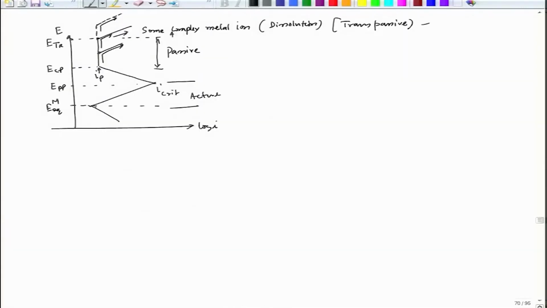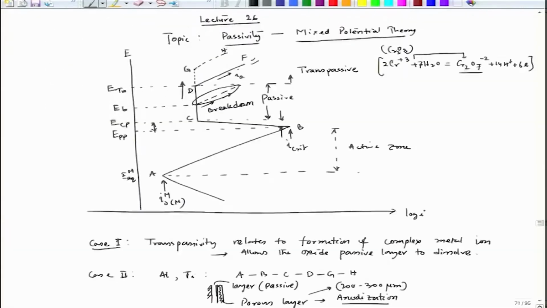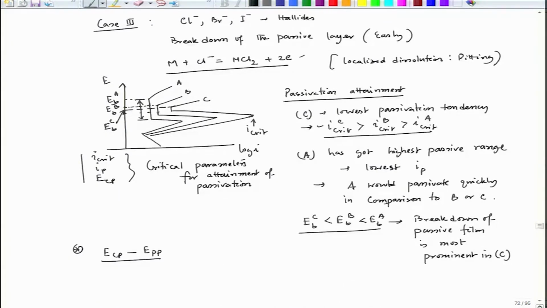Now, here if I try to see, in order to understand the importance of this particular point and this particular point and the relative position, we have to introduce mixed potential theory. Now, even without having a knowledge of mixed potential theory and the interaction of passivity and mixed potential theory, we could see that in this case, in case of A, this gap is minimum.